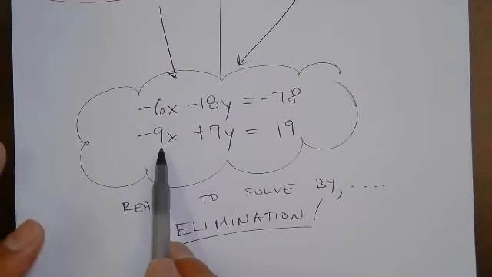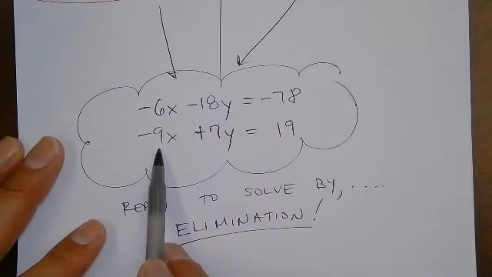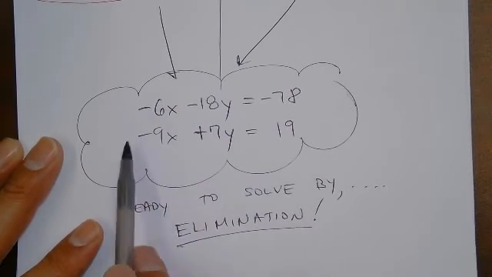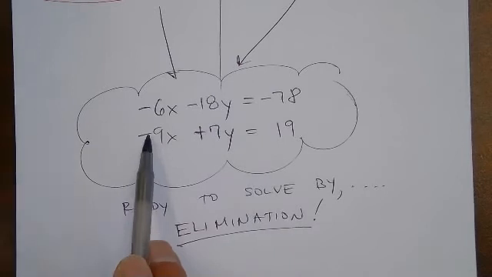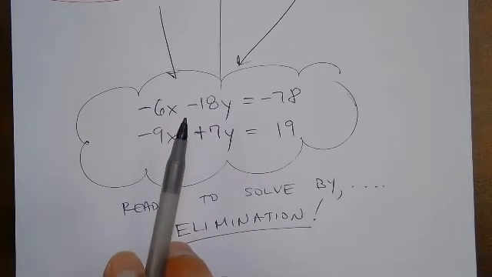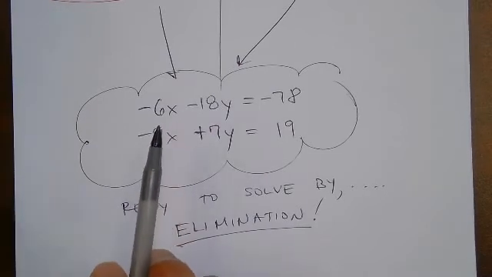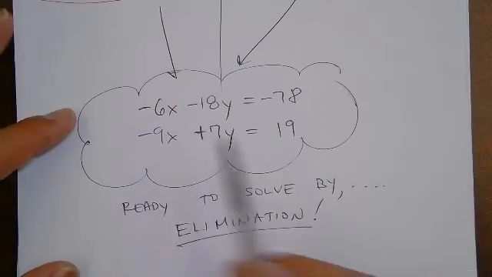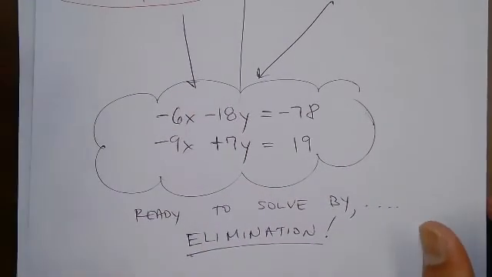If this is a 6 and this is a 9, what is the LCM? Some people were doing, well, you can still do 9 times 6 and the 6 times the 9, right? They'll still meet at 54. You guys agree they'll still meet at 54? But then you're just working with bigger numbers. You'll still get it right if you do all the steps right. I'm just saying, look for the LCM. Okay. Okay, that was an easy one.